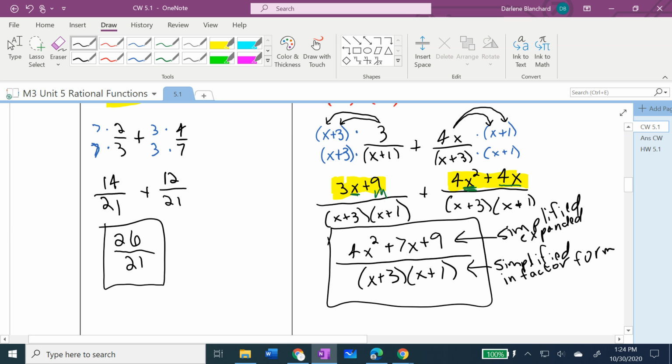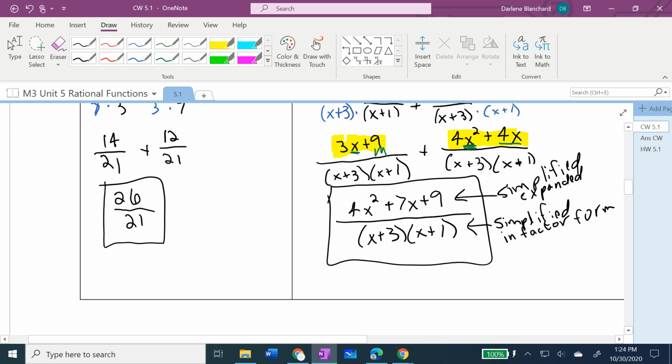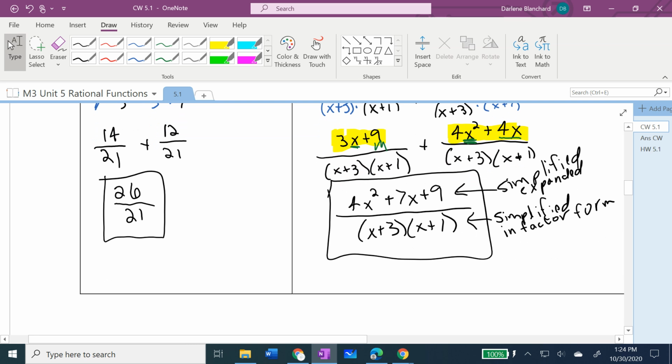They do not have to match. You do not have to have everybody in factored form or everybody in expanded form. There will be situations where you're going to want that. But as far as you saying I have a simplified rational expression, that is considered simplified. Yeah, you can multiply out the denominator. It's up to you how you want to write the answer. Just make sure that it is either simplified expanded or simplified factored for numerator and denominator, and they don't have to be the same type of form. Okay.